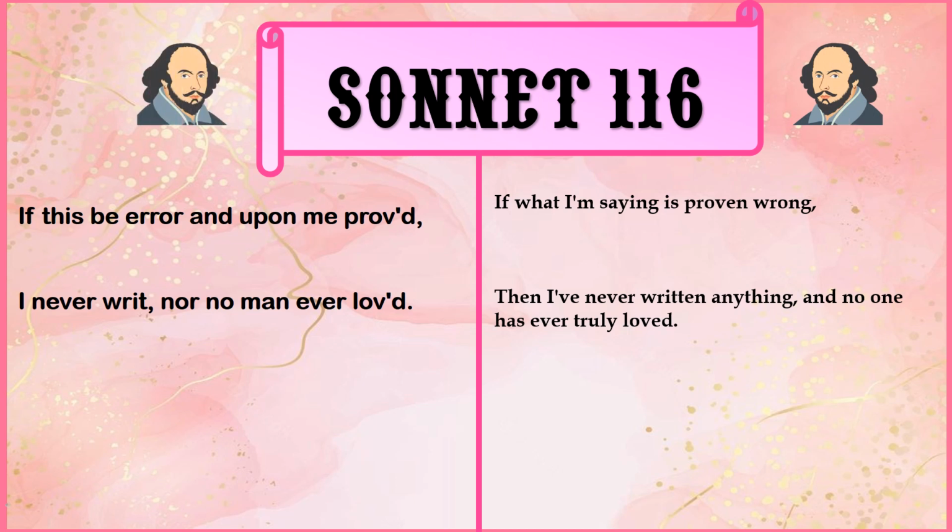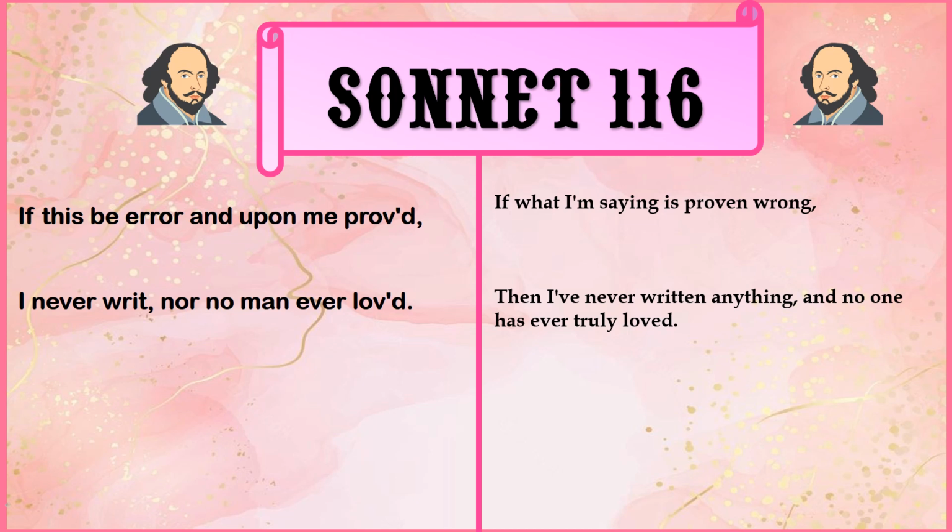In the final couplet of the poem, the poet is asserting, he is completely confident, and he declares that if anyone can prove him wrong about the nature of true love that he has described in this sonnet, then he has never written anything or no one has truly loved, because whatever he is saying are facts which are accurate, correct, and there can be no other fact that can stand true to whatever he has just stated in his sonnet.